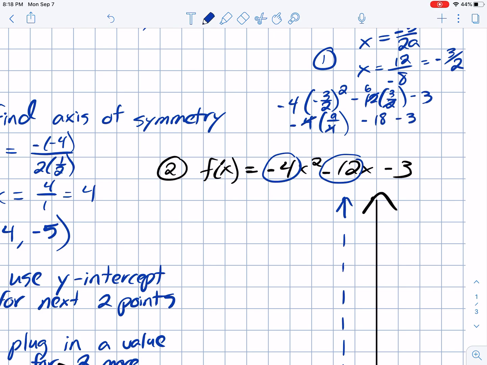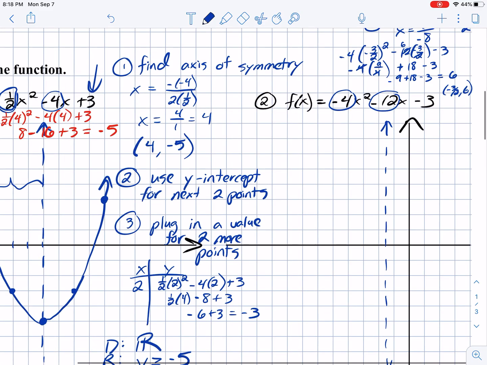These 4's can eliminate, so we get a negative 9 minus 18. Or sorry, we need to be careful here. That's a negative 3 over 2. So that would be our positive 18. We get negative 9 plus 18 minus 3, which gets us a y-coordinate of 9 minus 3 of 6. So negative 3 over 2, comma 6.